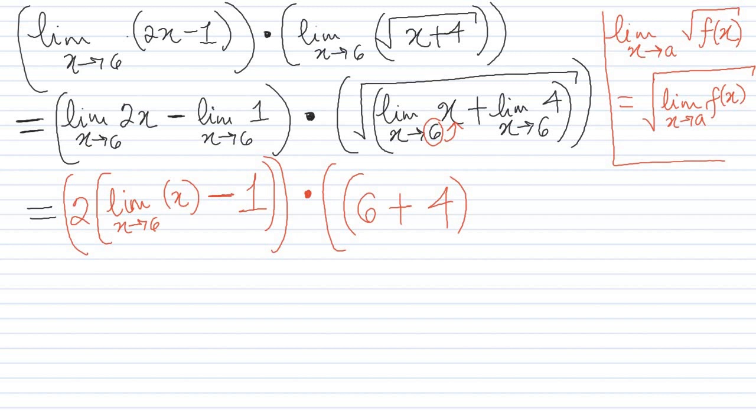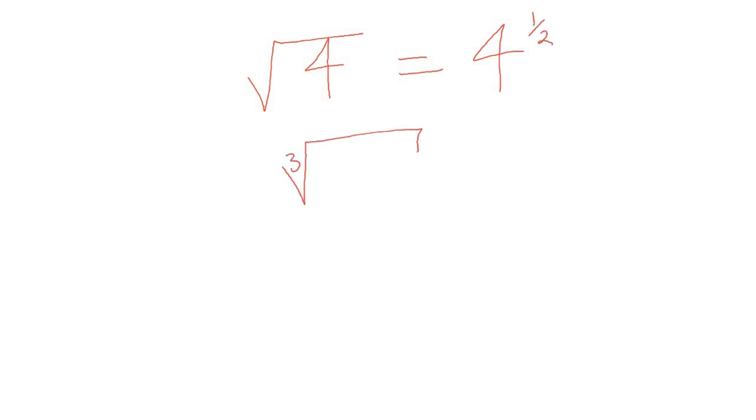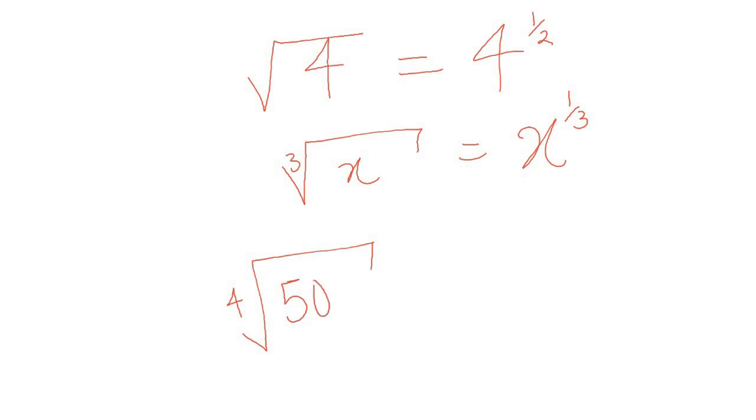Whenever you want to change a square root into something else, you know that, for example, the square root of 4 is the same thing as 4 raised to the power of 1/2. The cube root of x is the same thing as x raised to the power of 1/3. The fourth root of 50x is the same thing as 50x raised to the power of 1/4.